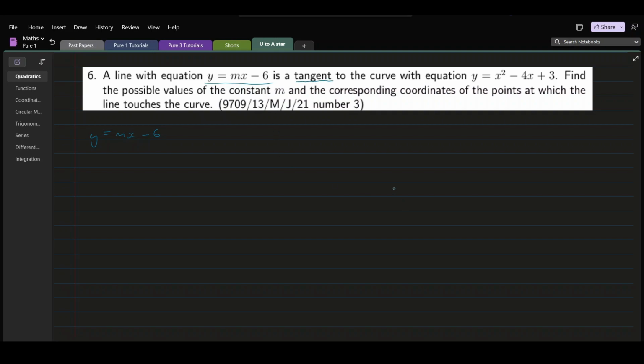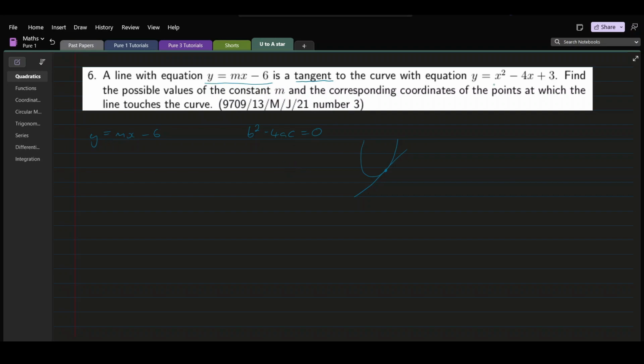When we talk of something being tangent, I'm just going to draw it. We've got a quadratic curve here, and then we have a line being tangent to that curve. It means that the line will only touch the curve at one particular point. And what does this tell us about the discriminant when we only have one point of intersection? It tells us that b squared minus 4ac is equal to 0. In other words, the equation only has one real root.